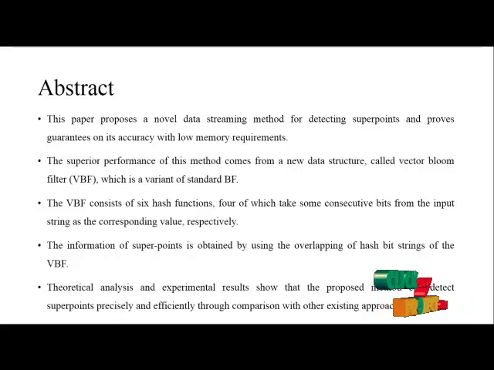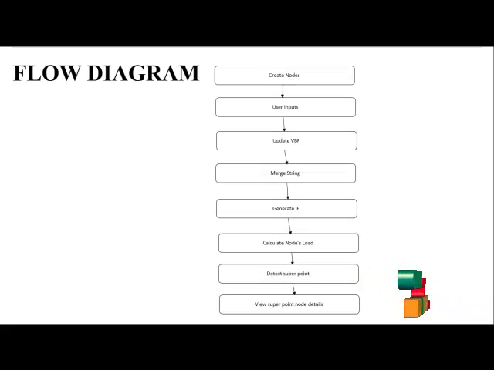The information of superpoints is obtained by using the overlapping of hash bit strings of the VBF, the Vector Bloom filtering. Theoretical analysis and experimental results show that the proposed method can detect superpoints precisely and efficiently through comparison with other existing approaches. And this is our project flow diagram.